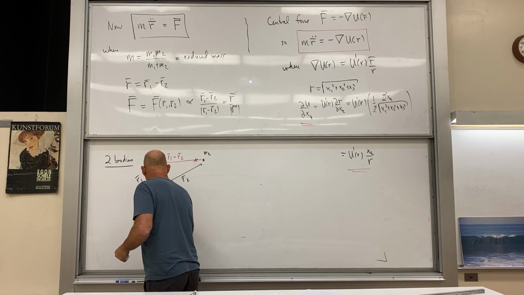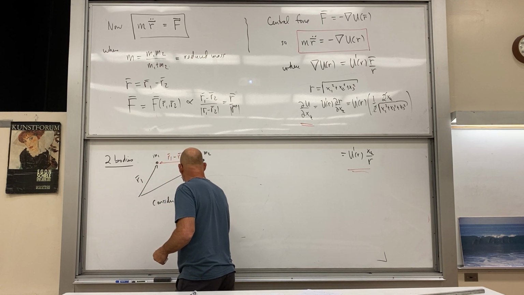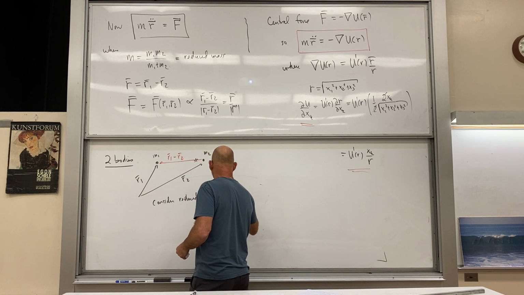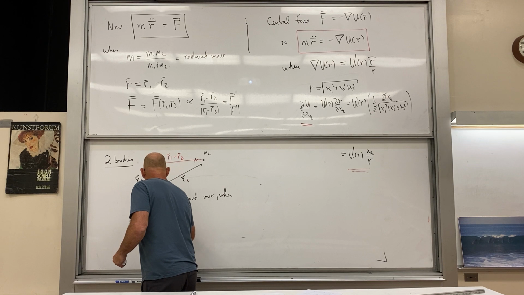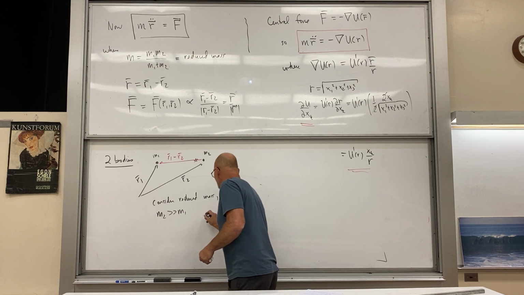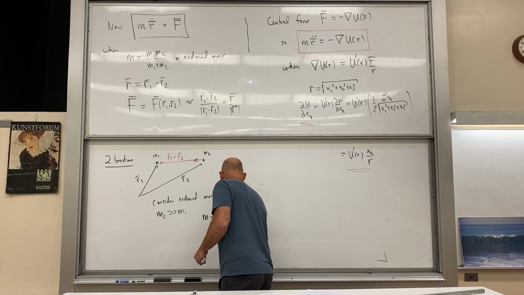So consider the reduced mass when M2 is much greater than M1. Now we're just writing down the reduced mass M equals M1 M2 over M1 plus M2.